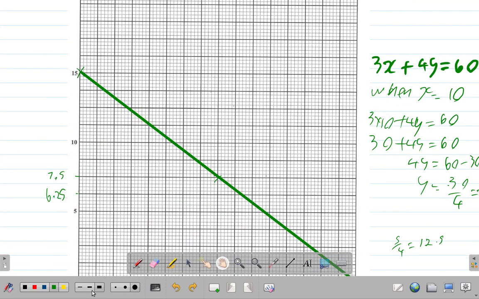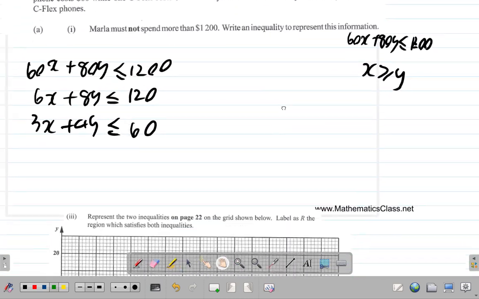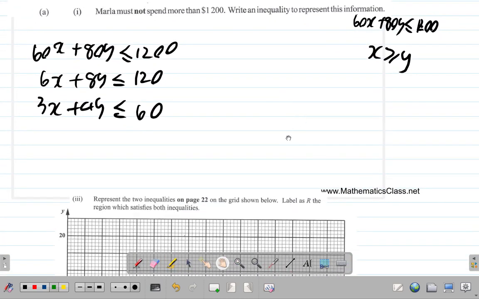So I write it down. How about the next one now? The next inequality is x greater than or equal to y.